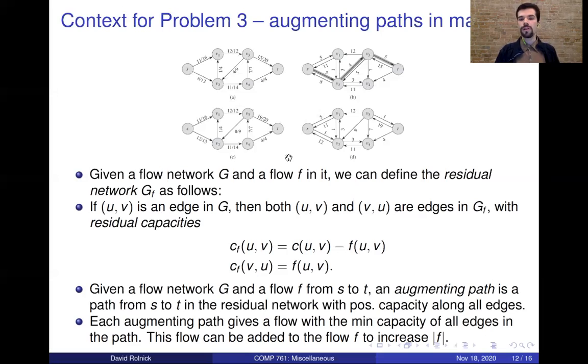So overall, the net flow in the network increased by the amount of the augmenting path. So adding an augmenting path to a flow is just adding the flow along the augmenting path. And the flow along the augmenting path is the minimum capacity along any of its edges.